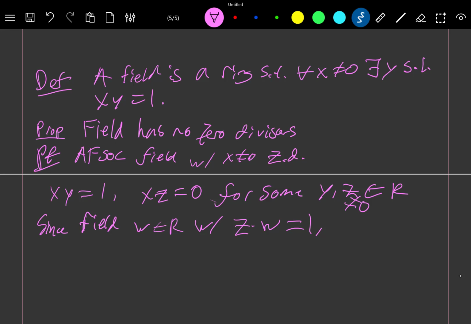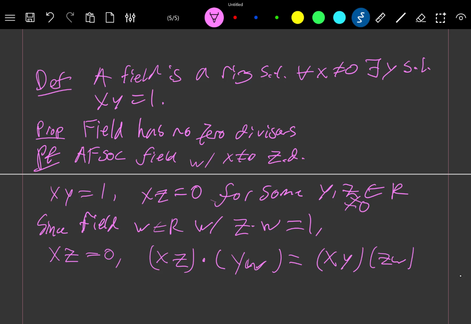So if we consider xz, it is equal to 0, but if we look at xz times yw, this is xy times zw, which is just 1 times 1, so it's 1.